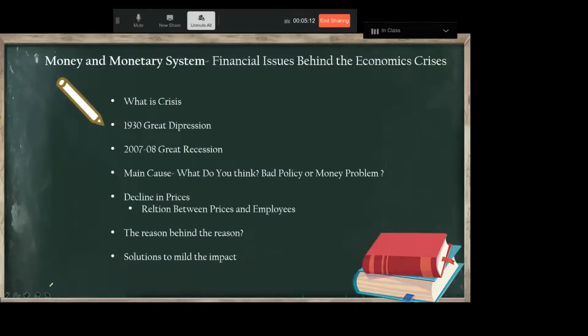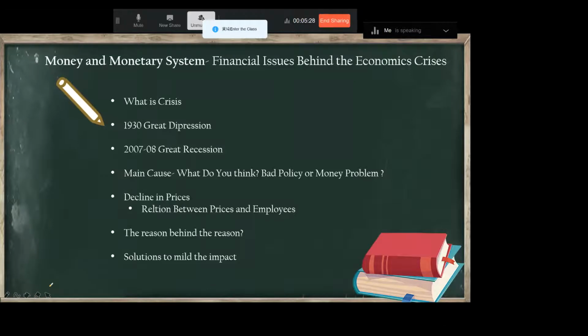So last week we started with the main features of financial and economic crisis in depth. The main cause was lack of liquidity, mostly because of decline in prices.